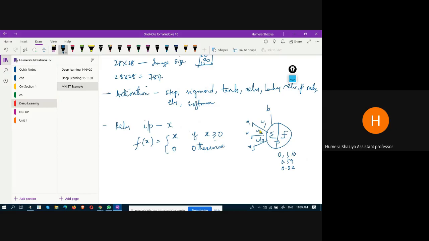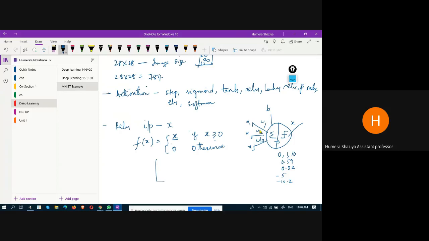Then it forwards that as it is to the subsequent node. In case it gets a negative value like -5 or -10.2, for negative values, it makes them 0.